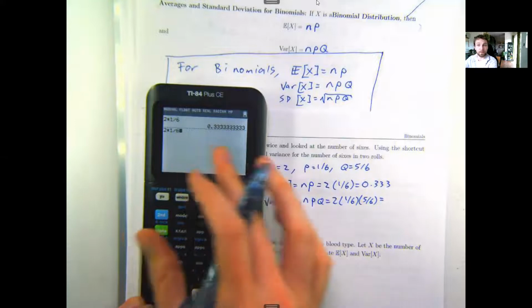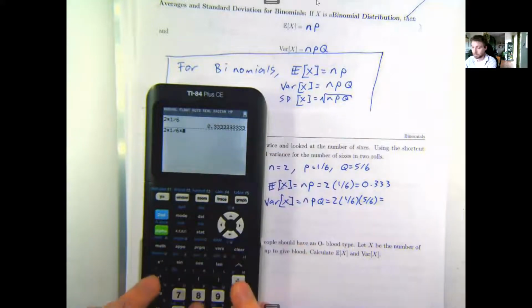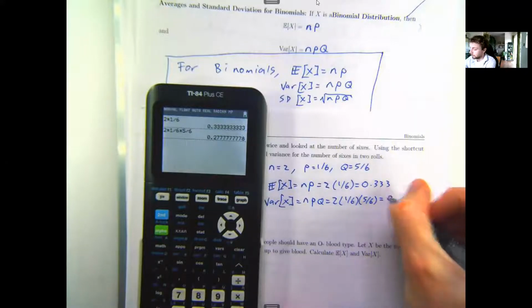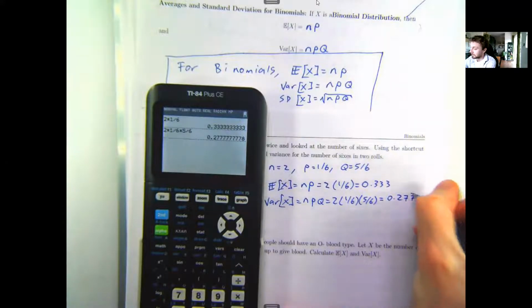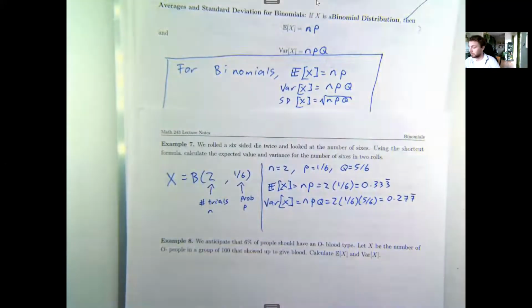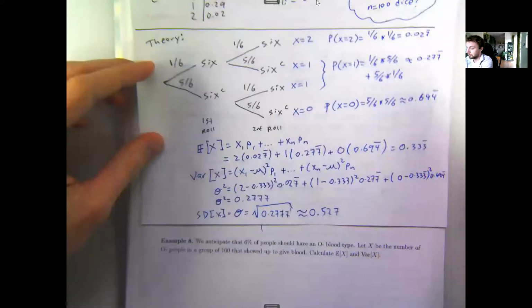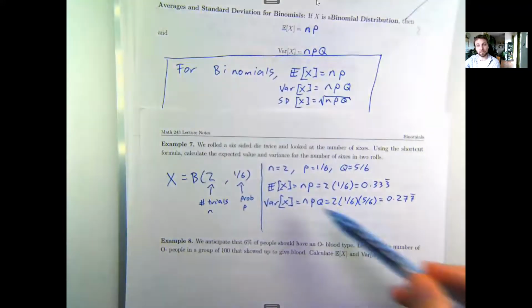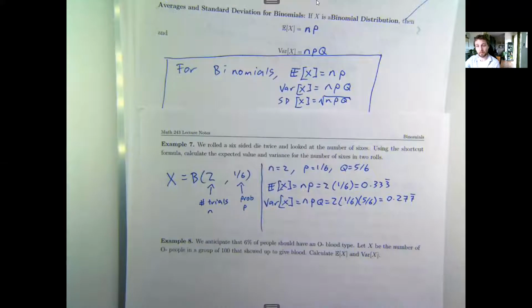I could have just multiplied that last number by 5/6, but I'm typing it out. 0.277 repeating. Doing this the long way earlier, 0.277 repeating. I think I prefer just doing this quick step instead.